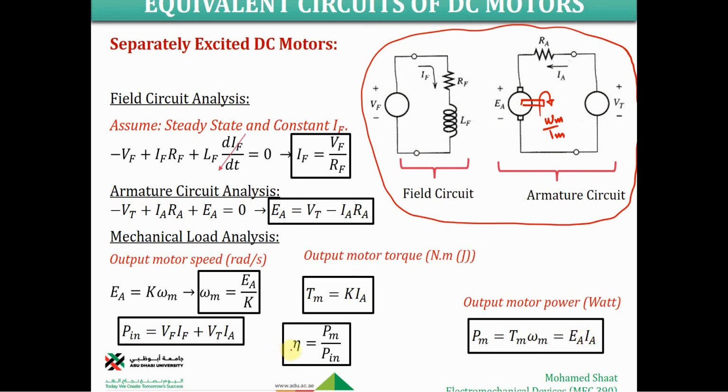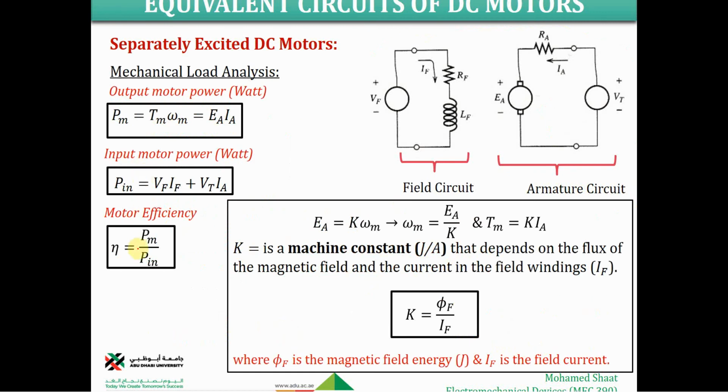So the efficiency of the electrical motor, which is going to be eta, should equal the output divided by the input. This is going to be the output, and this is going to be the input, right? The output power is the mechanical power divided by the input power, which is the electrical power.